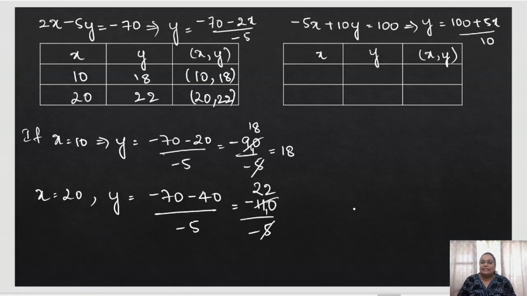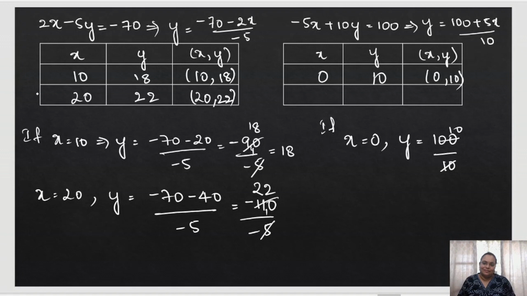Let us take the points for the next equation. Let us take x equal to 0 here. If x is 0, then y will be 100 by 10, which is 10. So the points will be 0 and 10. Now let us take x as 10.